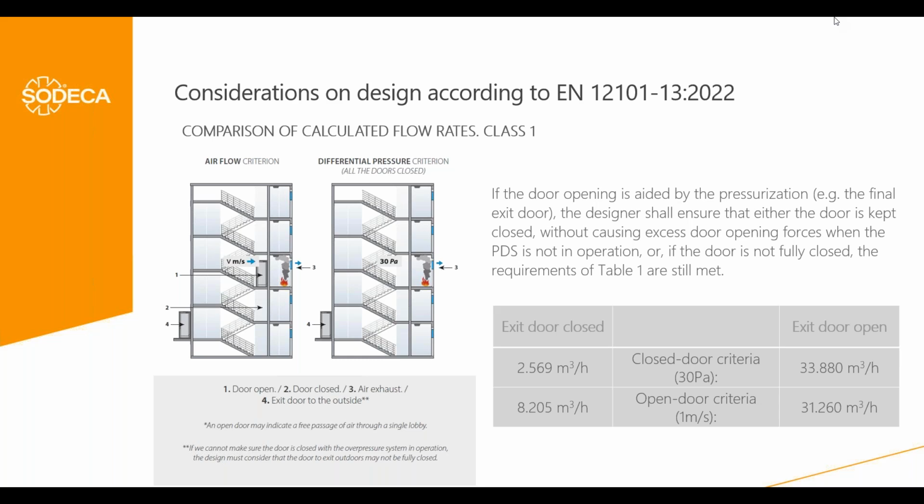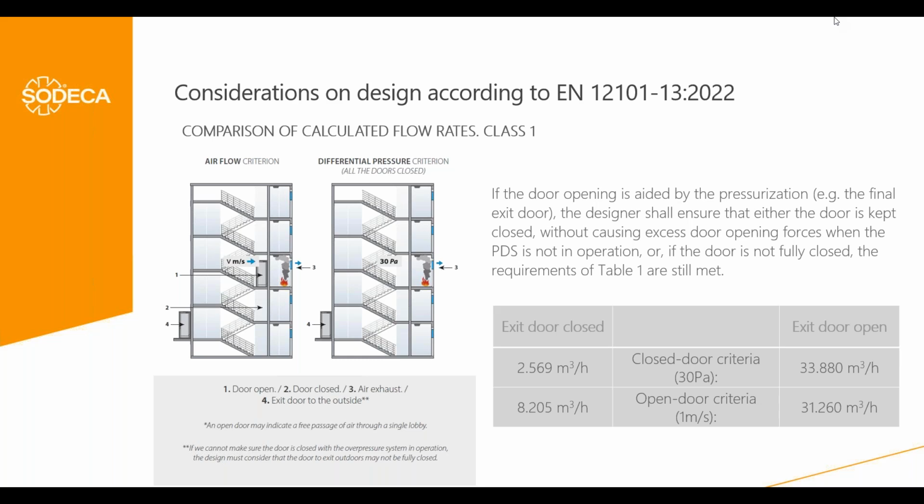We have not really seen that in reality. When we have seen situations where the self-closing mechanism is not able to close the door, we have seen that typically the door remains 20–30% open, not 100%.